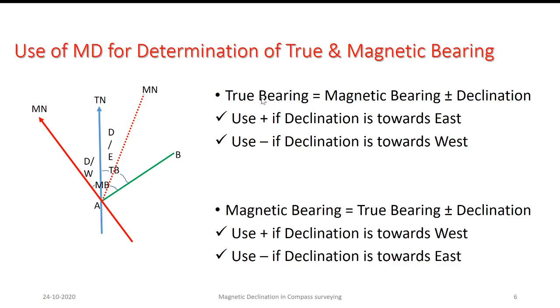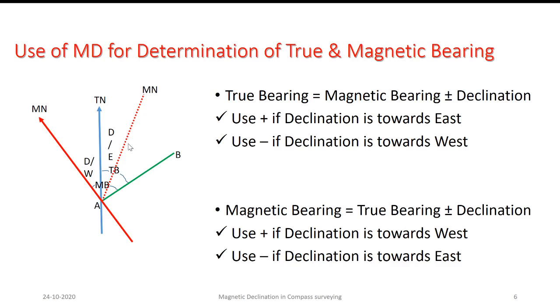Now, in order to determine the true bearing of that particular line, we can make use of magnetic bearing and declination. So here, as you see, if this particular dotted line is considered, the declination is eastward.